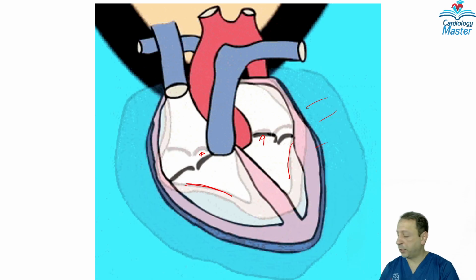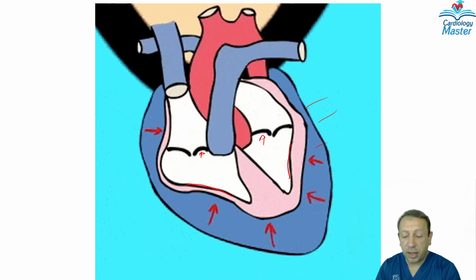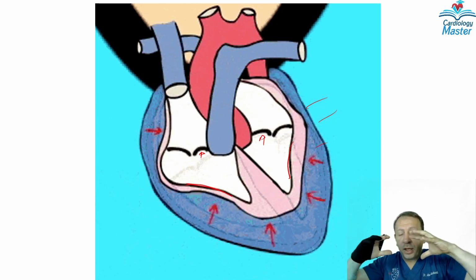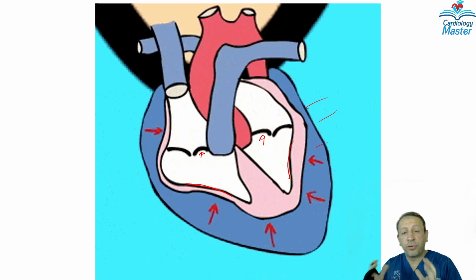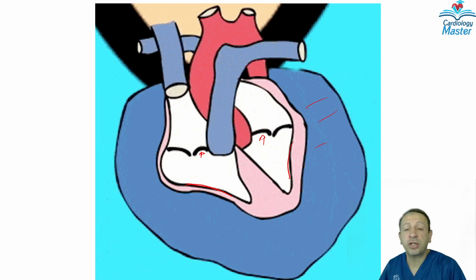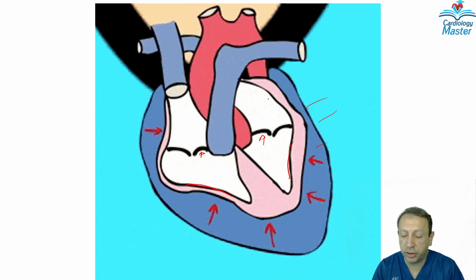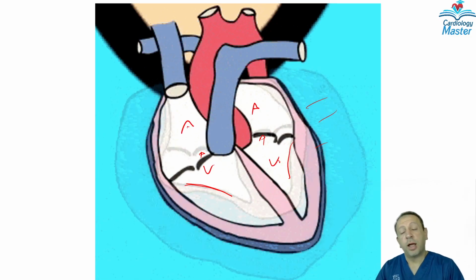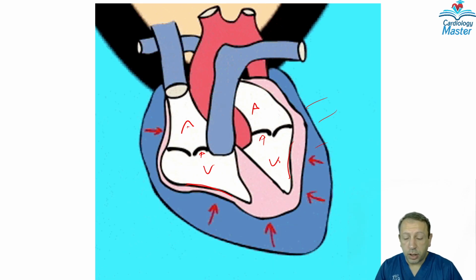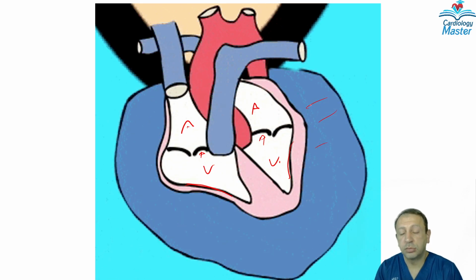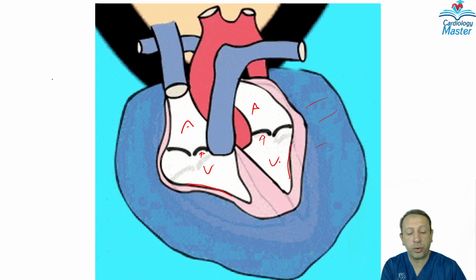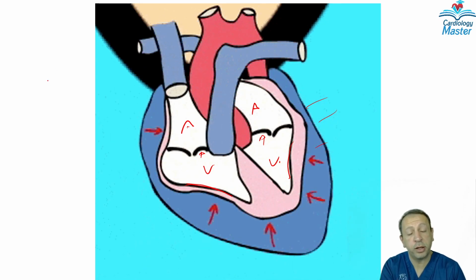And it's not only this matter. The pressure from this intrapericardial fluid compresses all the heart chambers during diastole, the atria and the ventricles. So during diastole, there will be equalization of all cardiac chamber pressures, very close to each other, with a difference of only less than 4 millimeters of mercury.